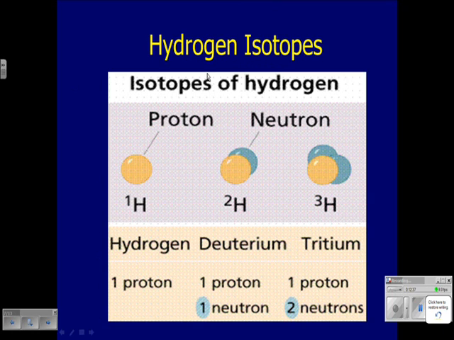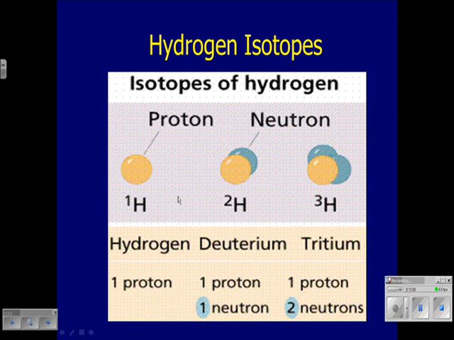Okay. Hydrogen has 3 different isotopes. Write this down as an example. There's hydrogen 1 with 1 proton, that's it. And most of hydrogen in the universe is found in this form. There's hydrogen 2, and it's so important, it gets its own name, deuterium. It has 1 proton and 1 neutron, mass of 2. And there's a third type, and it is tritium, and it has 1 proton and 2 neutrons, all right?